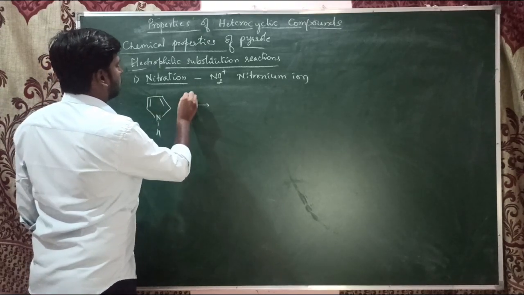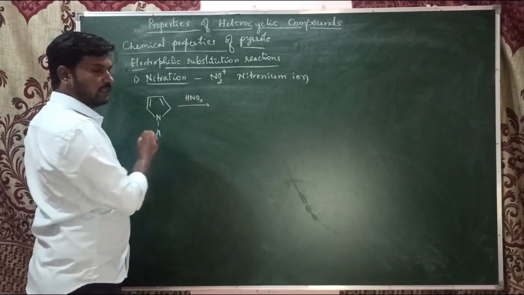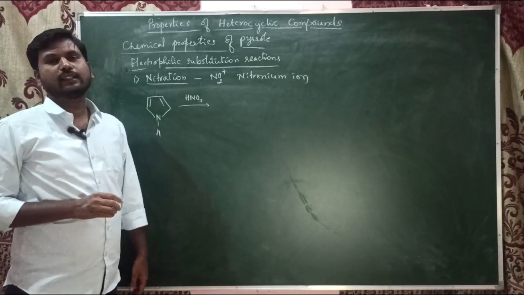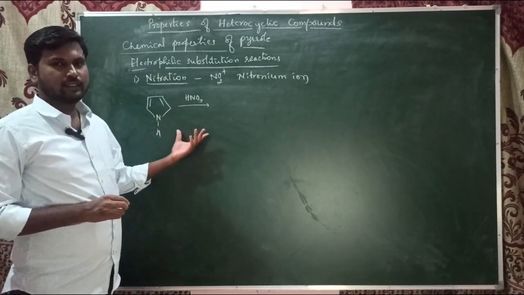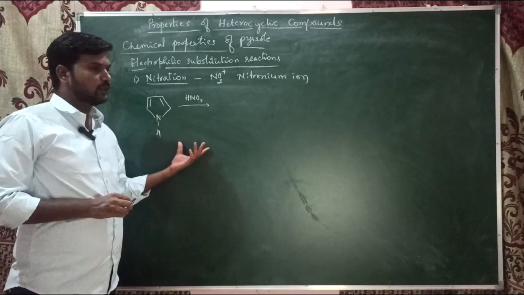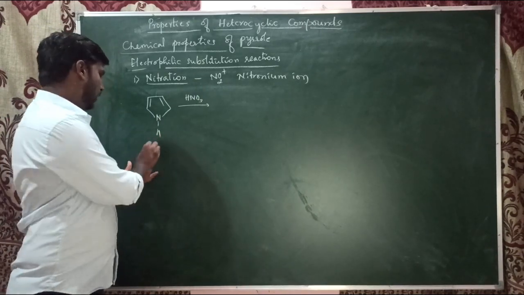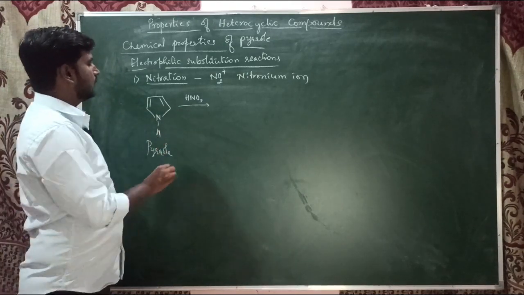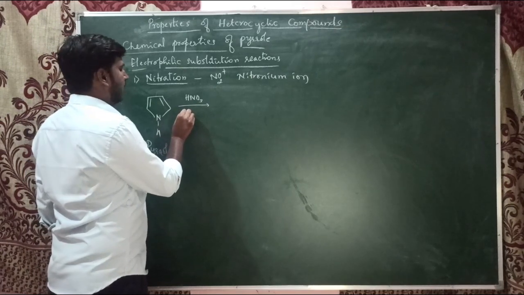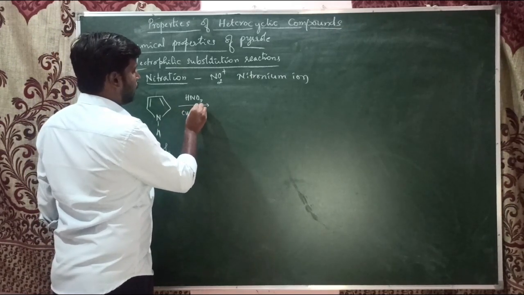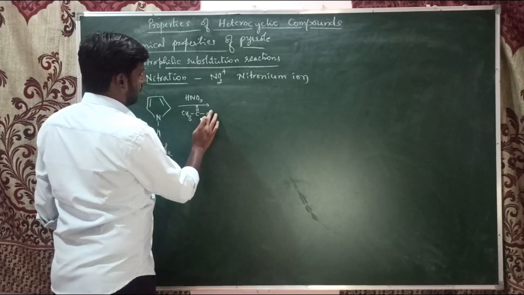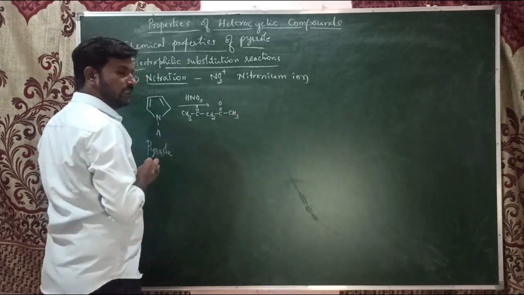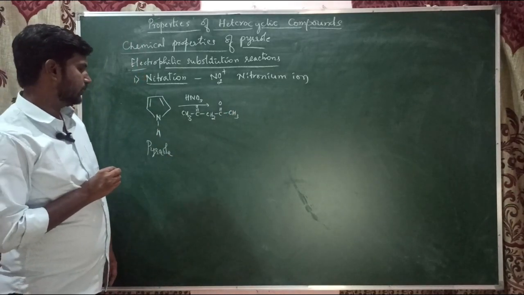Here we take nitric acid instead of sulfuric acid. Usually we take the nitrating mixture, the mixture of nitric acid and sulfuric acid. Sulfuric acid is not required here because pyrrole readily undergoes electrophilic substitution. That's why I'm taking just a catalyst like acetic anhydride, CH3CO-O-COCH3, and HNO3.